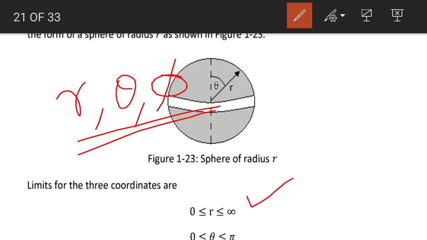The radius of the imaginary sphere in the spherical coordinate system extends from 0 to infinity.